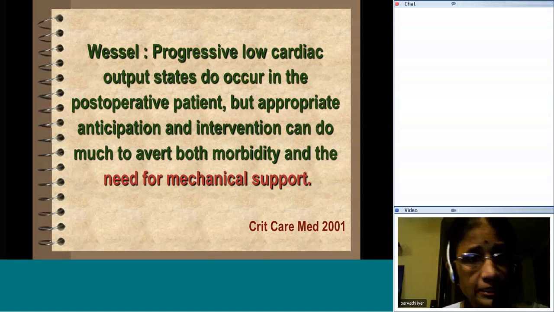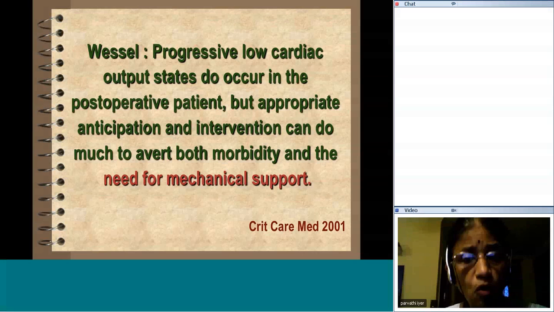I draw your attention to this review on low cardiac output state by David Wessel, who was at Boston Children's at that time. And what this paper stated in the introduction was that progressive low cardiac output state will occur in the postoperative patients, but appropriate anticipation and intervention can do much to avert both the morbidity as well as the need for mechanical support.